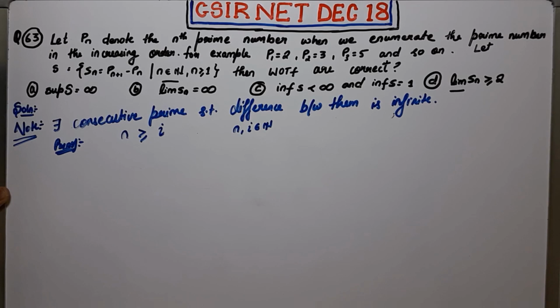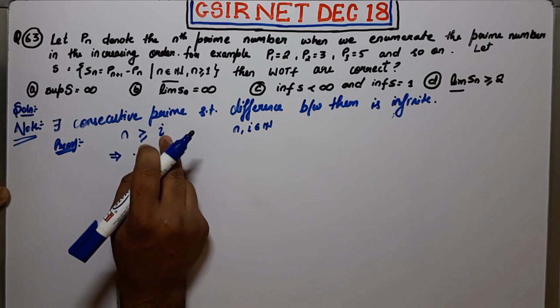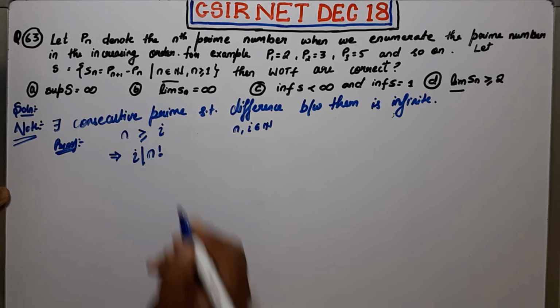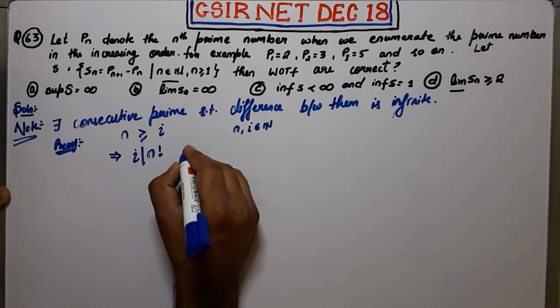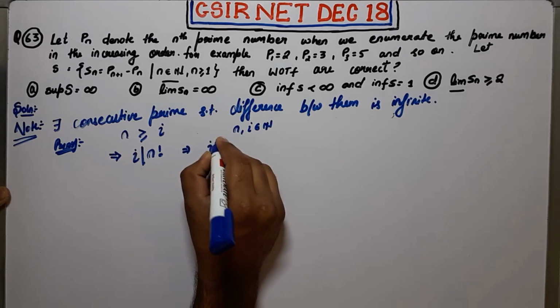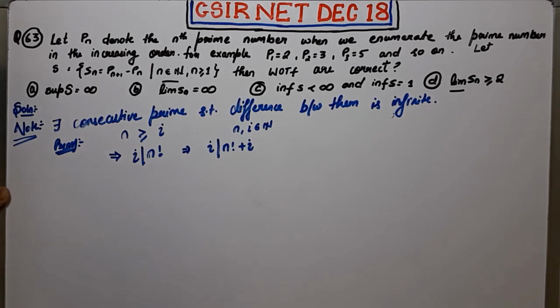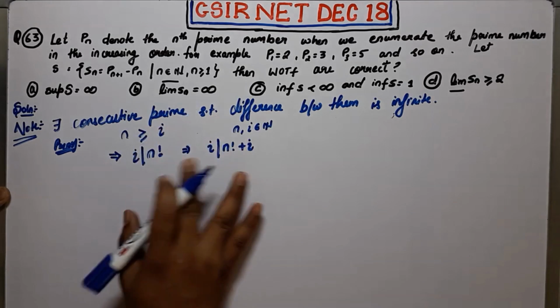Then it directly implies that i must be a factor of n factorial, so i divides n factorial. Since i divides n factorial, i must divide n factorial plus i. So these statements are consecutive: if this happens, then this happens and this happens.